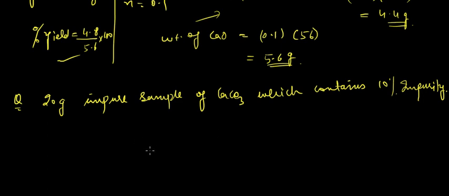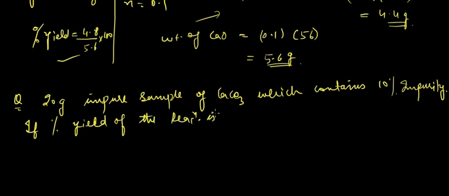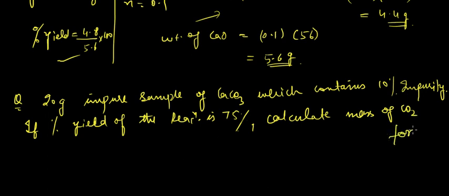Okay, so if the percentage yield of the reaction is 75, then we have to calculate the mass of CO2 formed.